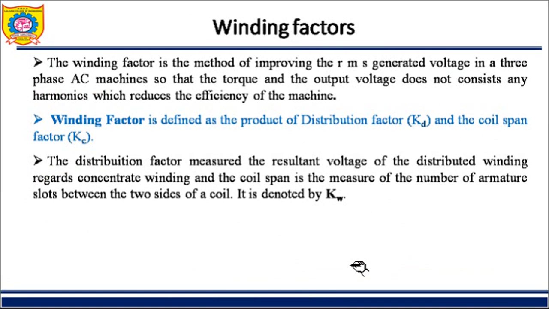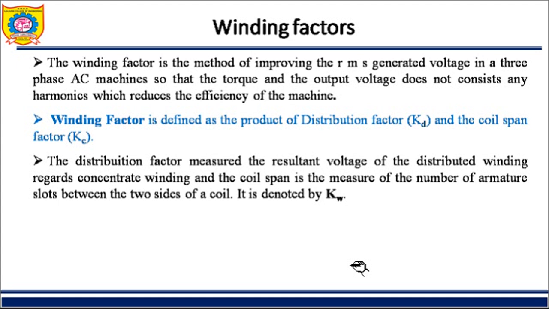On the basis of this, there are two important factors. In your syllabus they are directly mentioning the factors. One is called the coil span factor, and another is called the distribution factor. Winding factor is defined as the product of distribution factor multiplied by coil span factor.